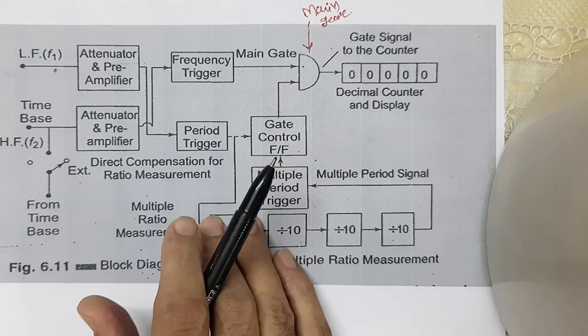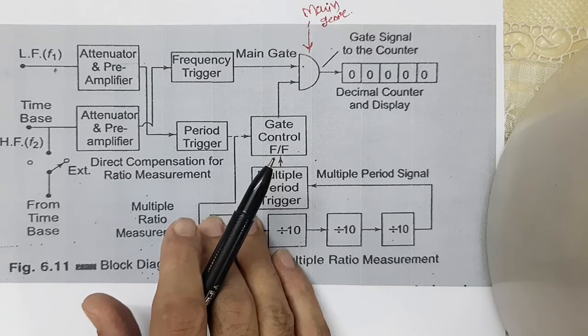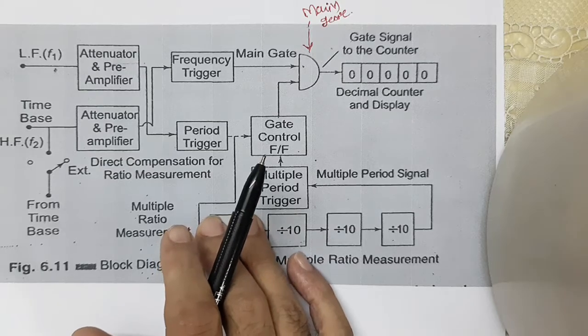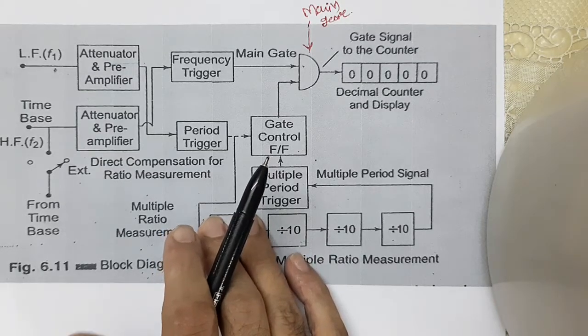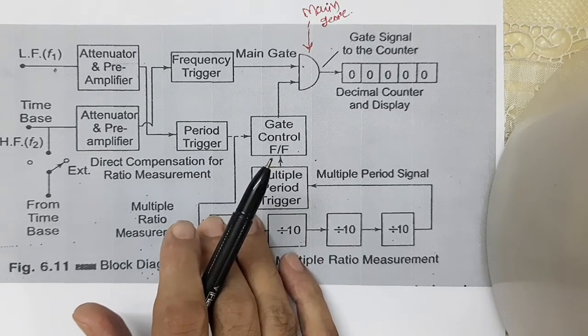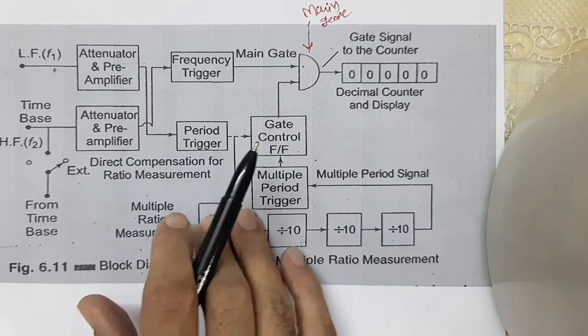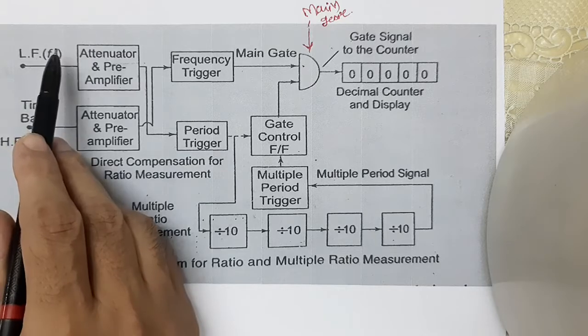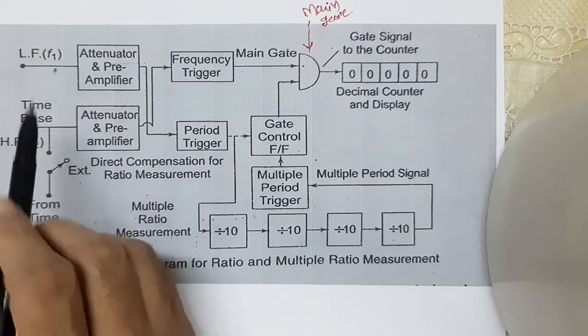The number of cycles of high frequency signal F1 which occur during the period of lower frequency signal F2 are counted. That means the higher frequency F1 is counted during the lower frequency F2.